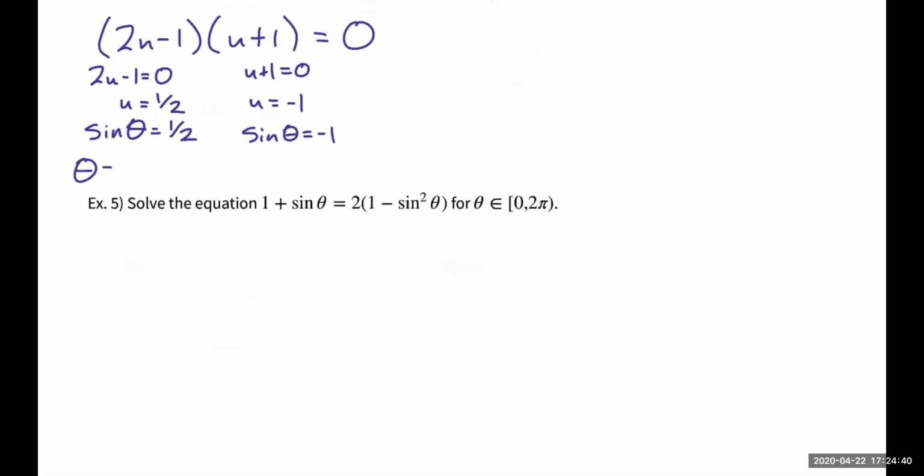Those values occurring when theta is equal to pi over 6 and 5 pi over 6, and then -1 for 3 pi over 2. All right, so final solution set here, we've got pi over 6, 5 pi over 6, and 3 pi over 2.